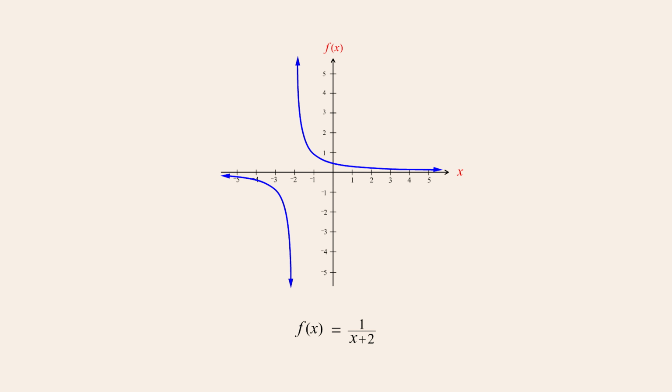Although a rational function may have any number of vertical asymptotes or no vertical asymptotes, rational functions will always have exactly one non-vertical asymptote. For instance, in addition to its vertical asymptote, this function also has a horizontal asymptote that lies on the x-axis. Unlike vertical asymptotes, a function's graph may intersect or cross its non-vertical asymptote.